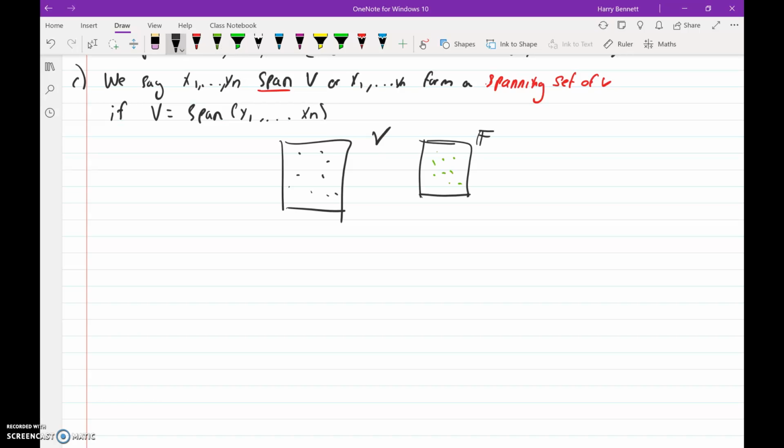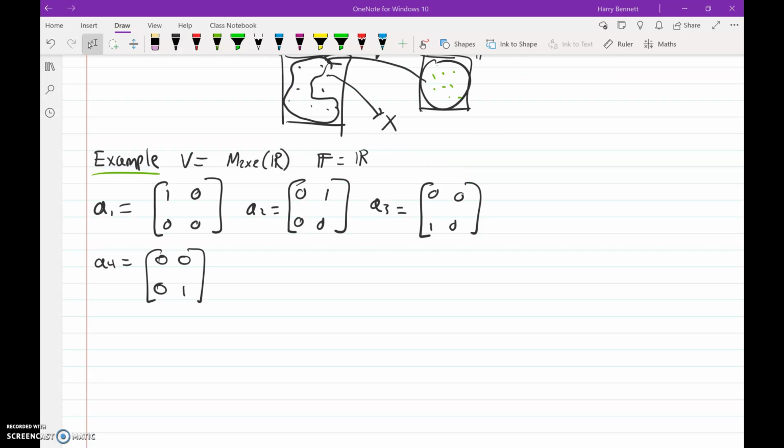But if I randomly choose any x in here, then this x is a linear combination of all the other x's over the field F. That's for any arbitrary x.